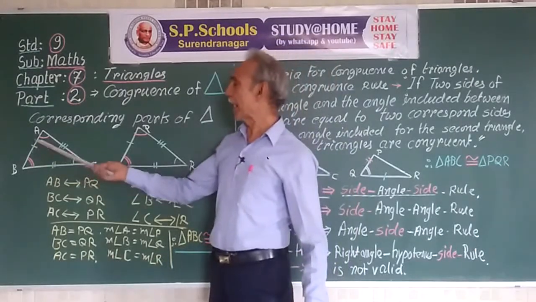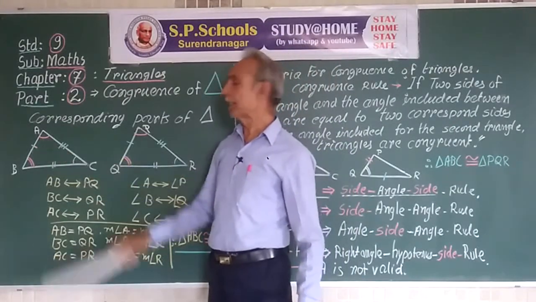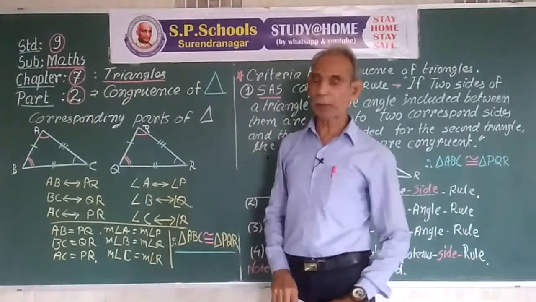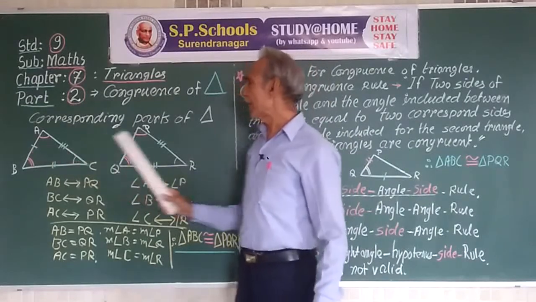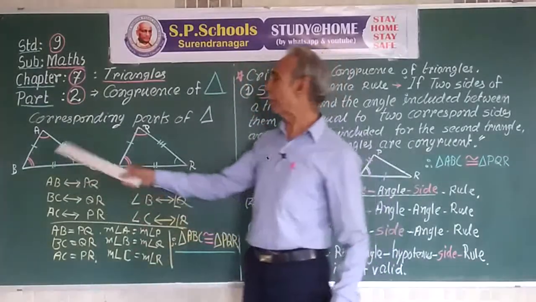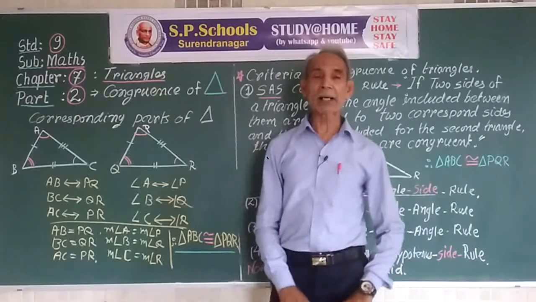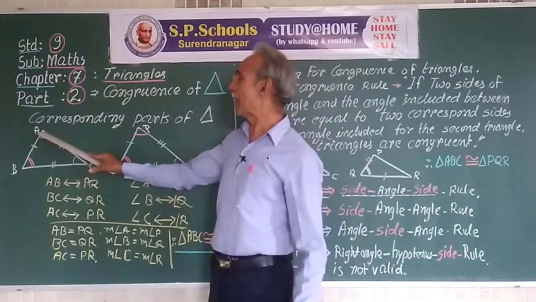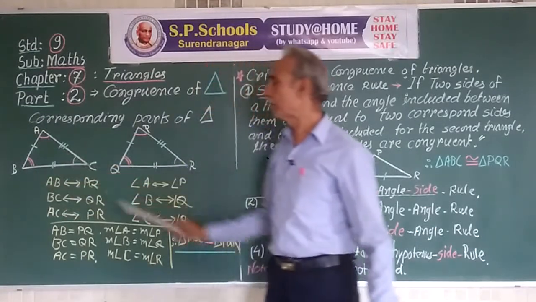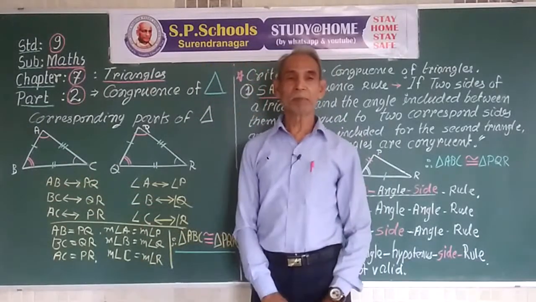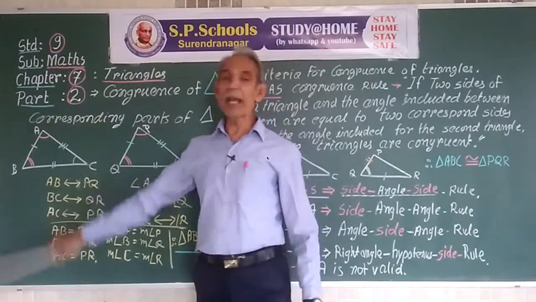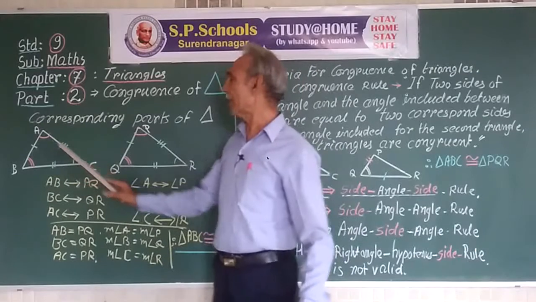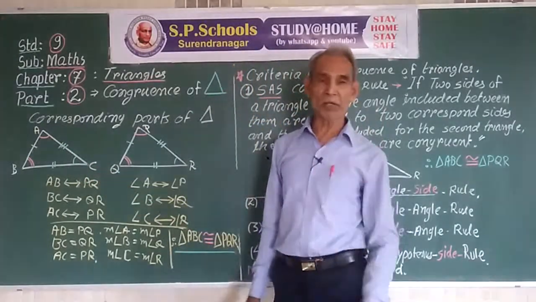Suppose here the measure of this angle A is say 70 degrees and measure of angle P is say 70 degrees. Then we can say that the angle A and angle P are equal, that is equal in measures. But angle is made up of two rays with one vertex, and a ray is a set of infinite number of points. Another ray is also a set of infinite number of points.